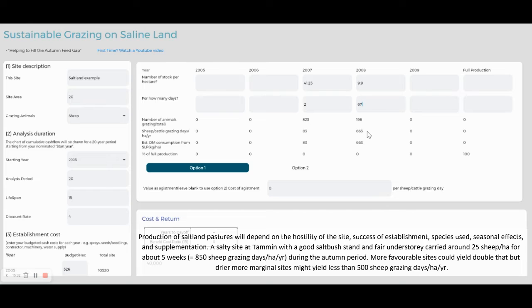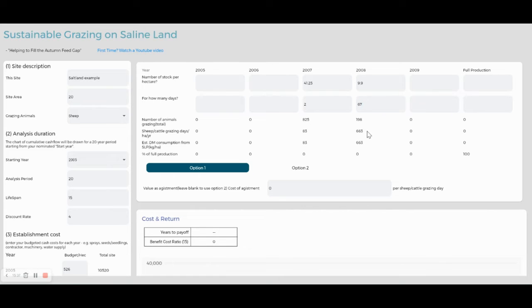Then you can look at that data and see in my region how much grazing am I likely to achieve. This site that we're working on is a reasonably productive site in the sort of medium to high rainfall zone. So the amount of grazing being achieved on this site is quite high.